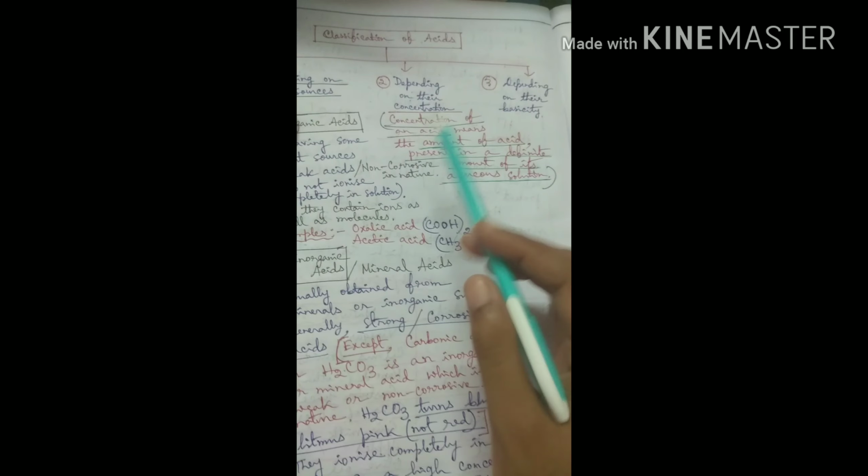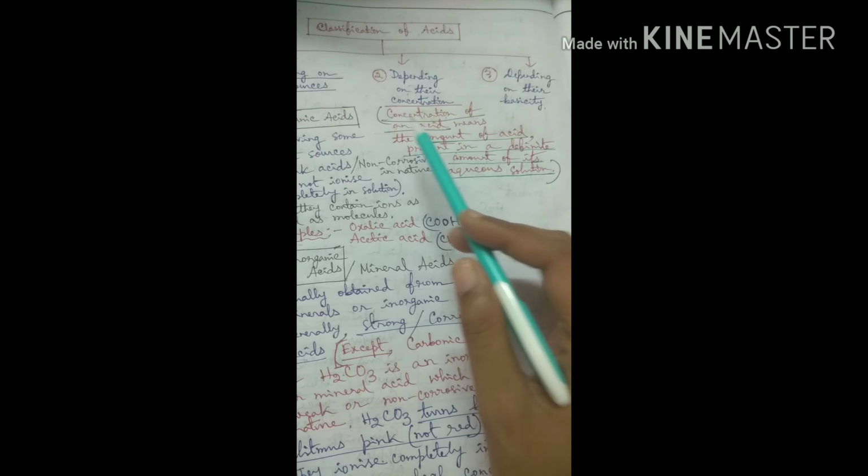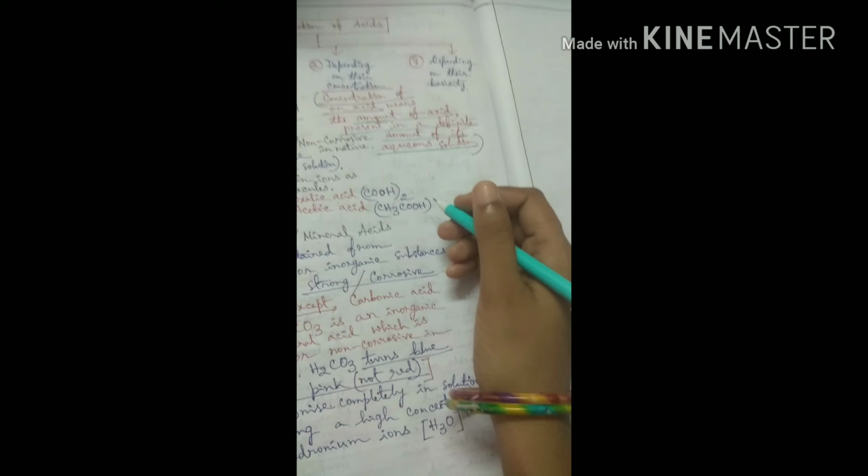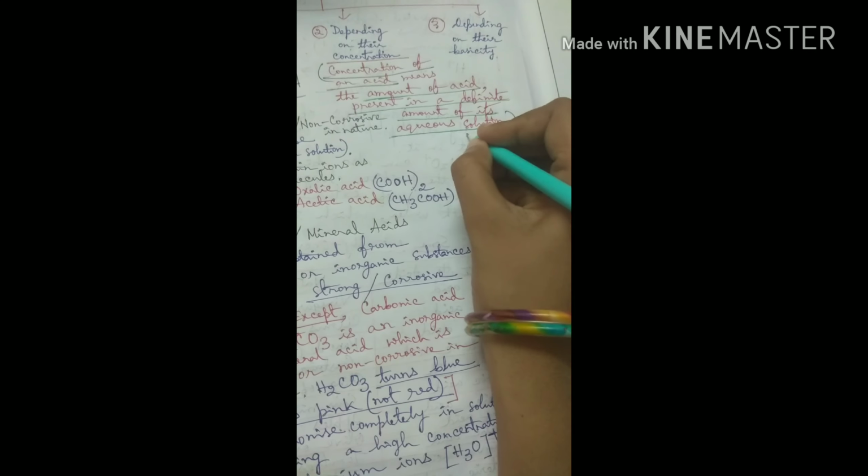Now, depending on the concentration of an acid, the acid is of two types: concentrated acid and dilute acid.